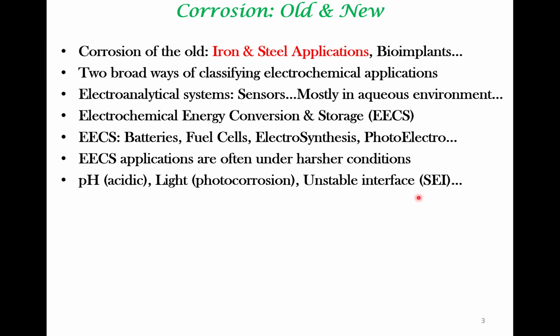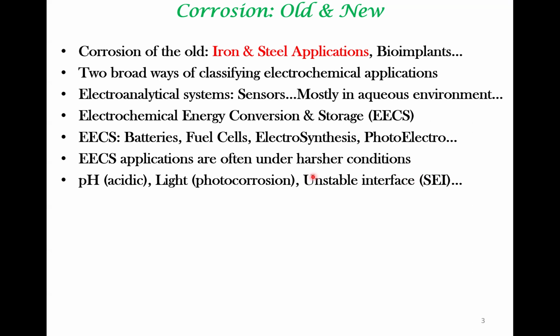And of course, in batteries, the electrolyte is often non-aqueous. In lithium-ion battery, for example, you have other electrolytes which are not based on water, and the electrode electrolyte is unstable, and it leads to the formation of solid electrolyte interface and so on.